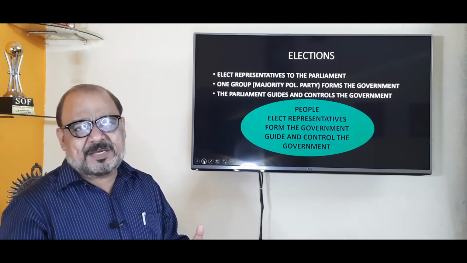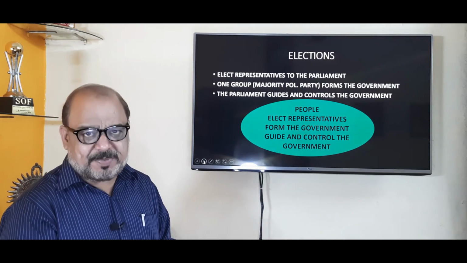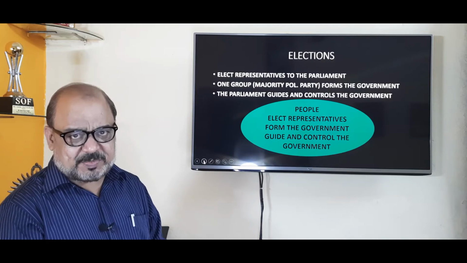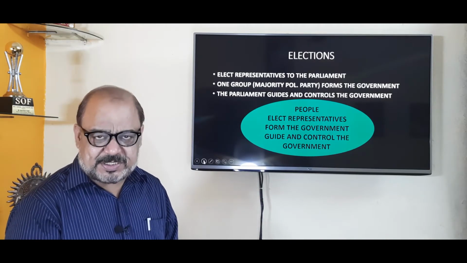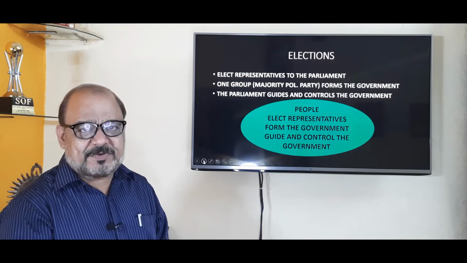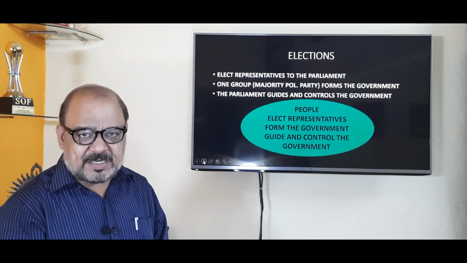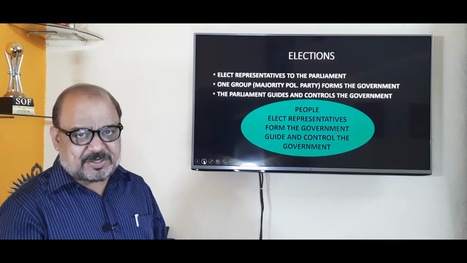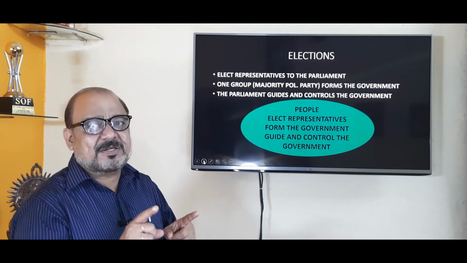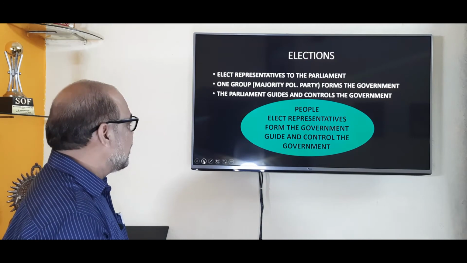If we take the example of the Indian Parliament, in the Lok Sabha especially, the House of the People, there are 543 seats. To get majority, 272 seats are required. The political party which gets 272 seats gets majority, and that party is authorized to form the government.